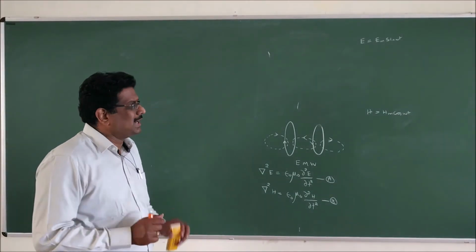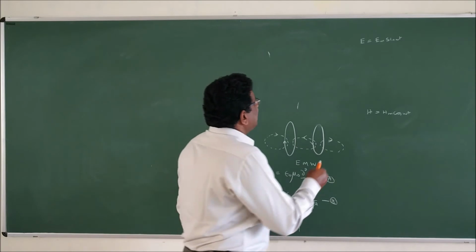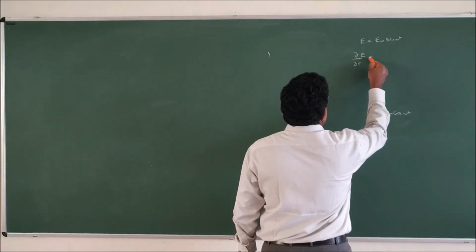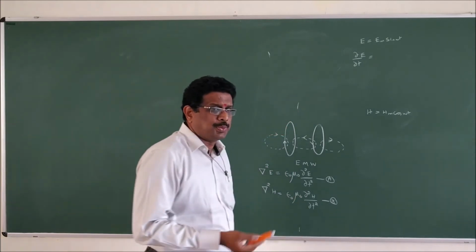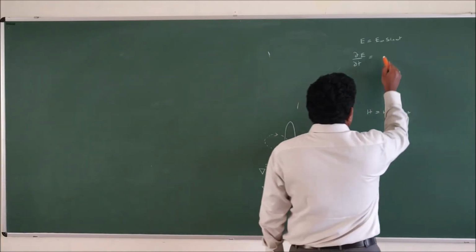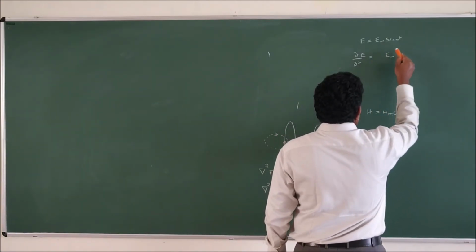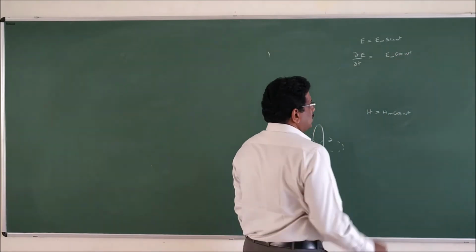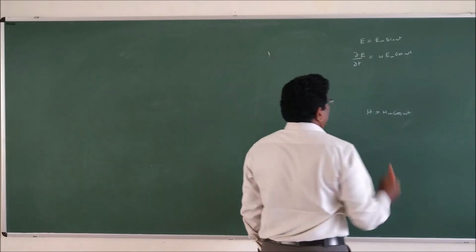Now, one general statement I would like to say: if I differentiate with respect to time, dou by dou t of E, the result will be Em sin omega t becoming cos omega t. Differentiation of sin is cos omega t into omega.